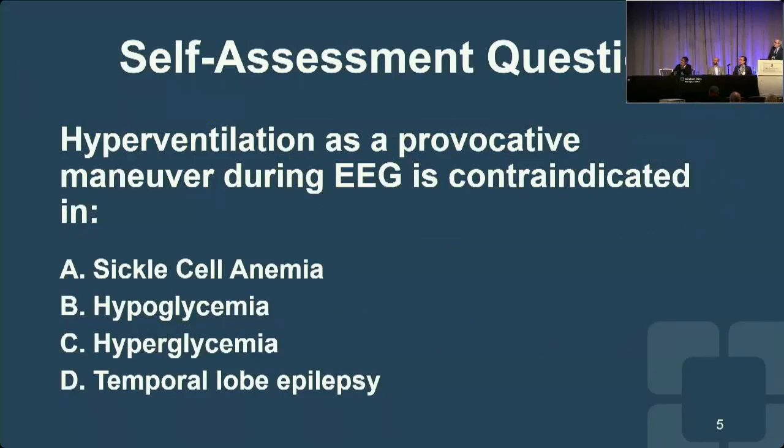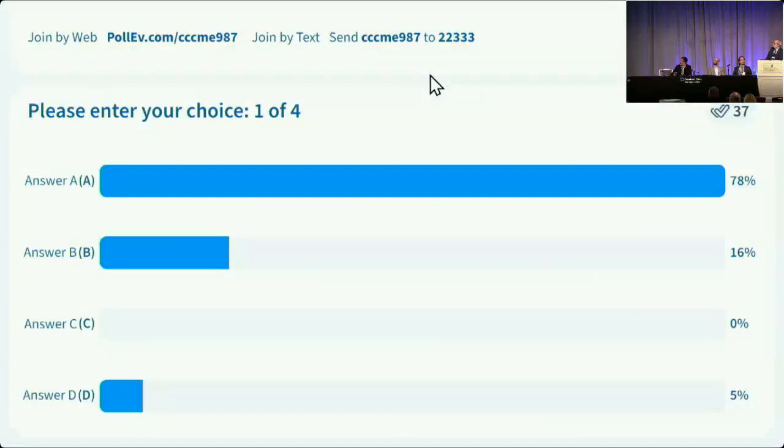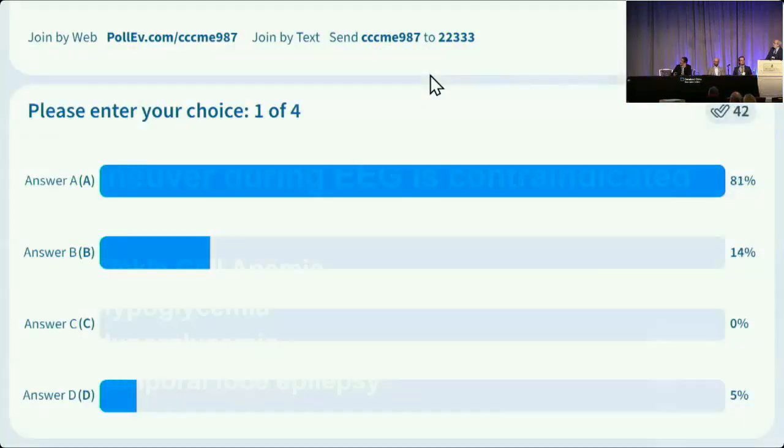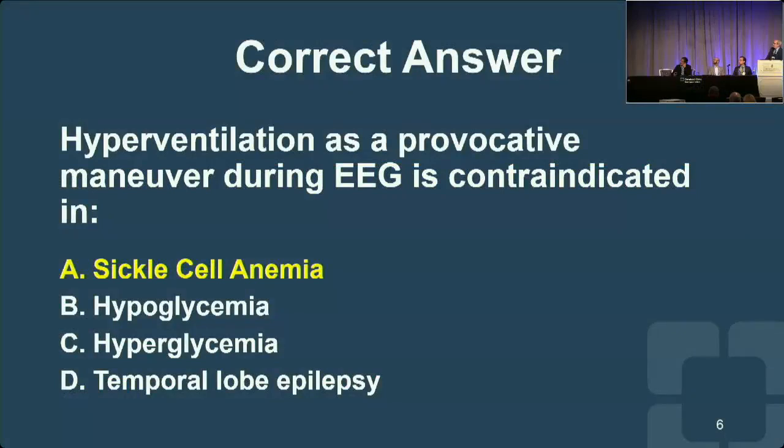Hyperventilation as a provocative maneuver during EEG is contraindicated when, so when should you not use it? Sickle cell anemia, hypoglycemia, hyperglycemia, temporal lobe epilepsy. It looks like you guys are paying attention. So the vast majority have answered A, which was the correct answer.